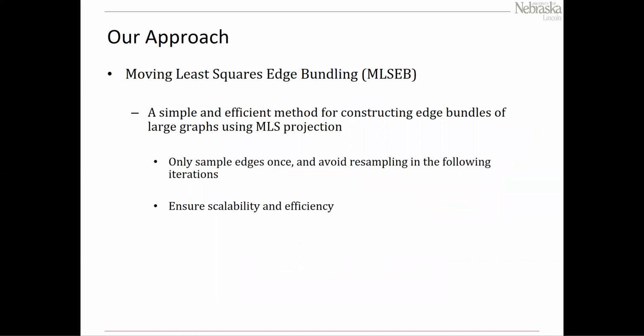Our method is simple and efficient and can construct edge bundling for relatively large graphs. The method only needs to sample edges once, and we avoid resampling in the following iterations. This method can ensure scalability and efficiency.